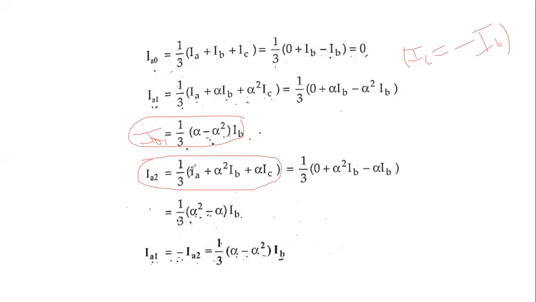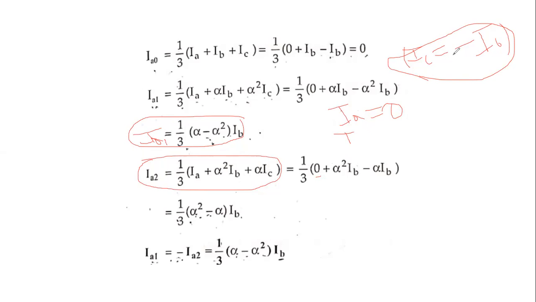In this equation, the IA value is equal to 0, as the fault current is obtained in phases B to C. We substitute IA is equal to 0, which gives 0 plus alpha square into IB plus alpha into IC.